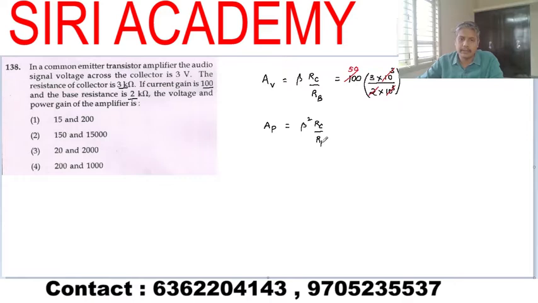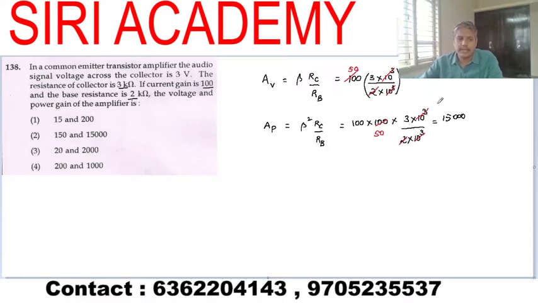and the power gain is given to be beta square into RC by RB, that is equal to 100 into 100 into 3 into 10 to the power 3 by 2 into 10 to the power 3. 10 to the power 3 gets cancelled and it is 150. So 150 into 100, that is 15,000.